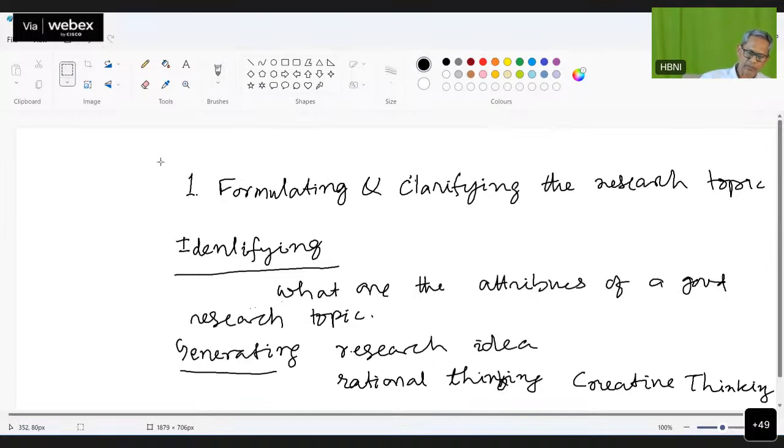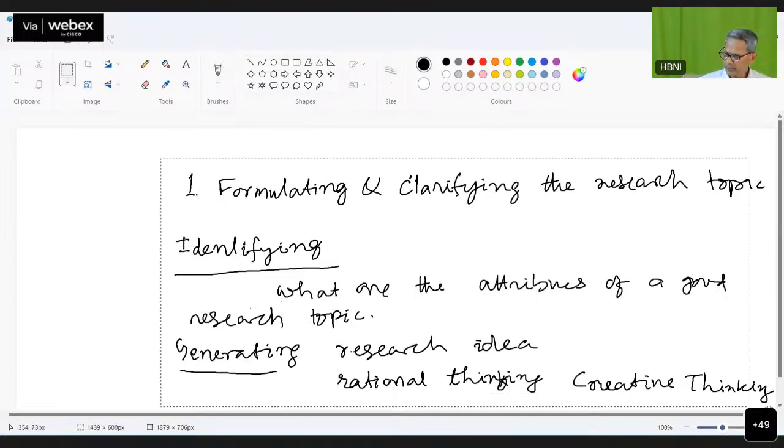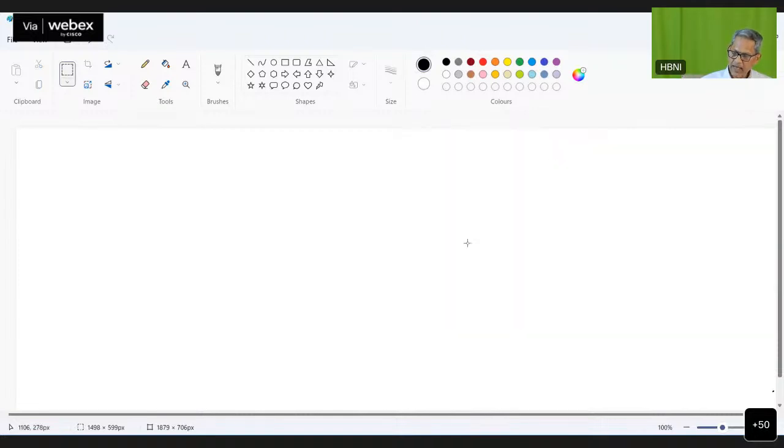Once you have generated a good research idea, the next question comes, how to convert this idea.